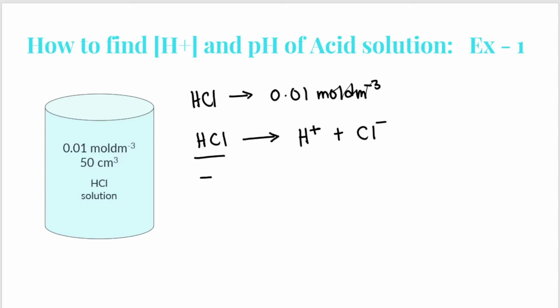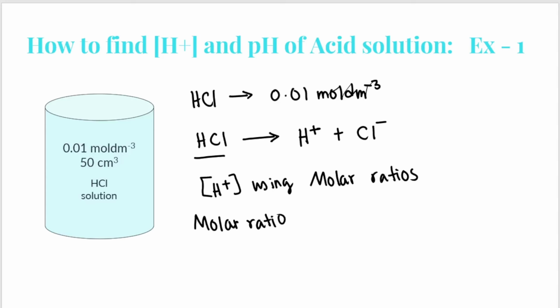We can find the concentration of hydrogen ions using molar ratios. So, to start, HCl and hydrogen ions have a stoichiometric molar ratio of 1:1. Therefore, we can write that the molar ratio is 1:1.